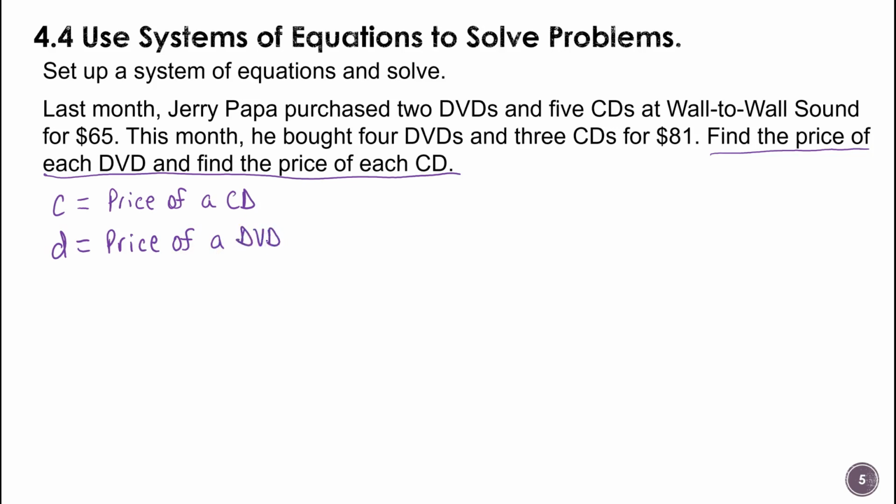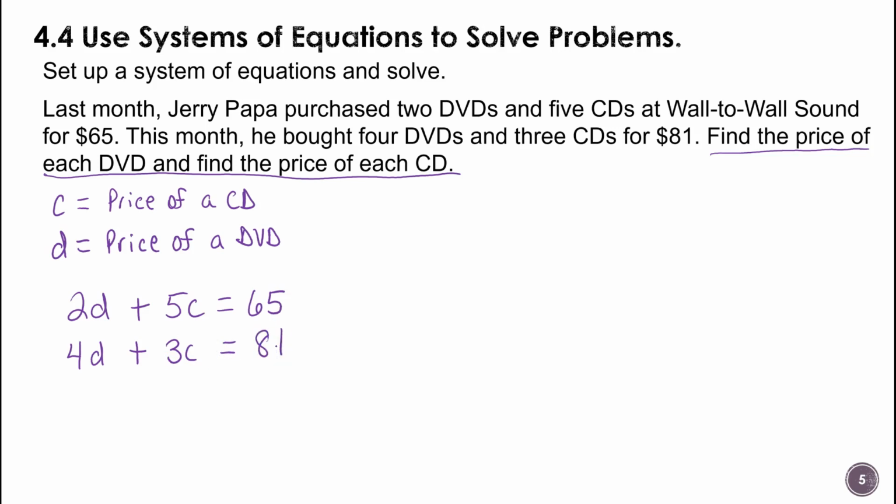Now, this one is set up kind of similar to one we did earlier on the first lesson. All right, so 2 DVDs and 5 CDs for $65. And then we have 4 DVDs, 3 CDs, and that's 81.